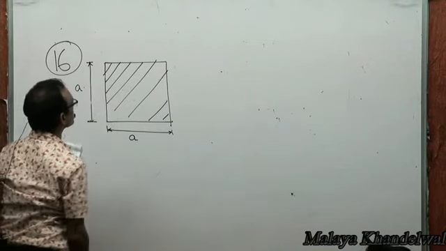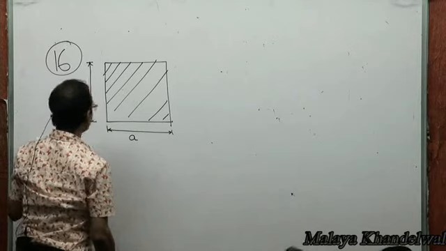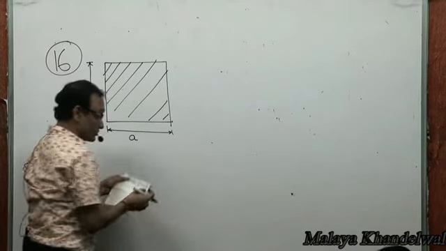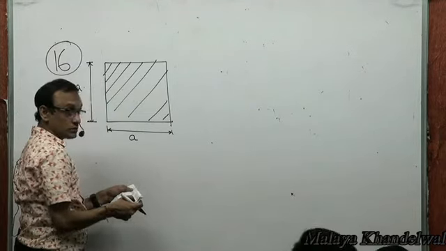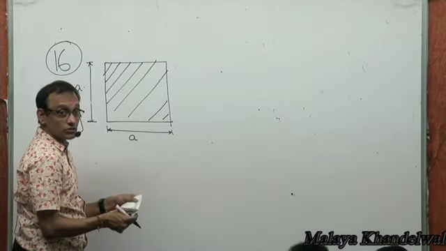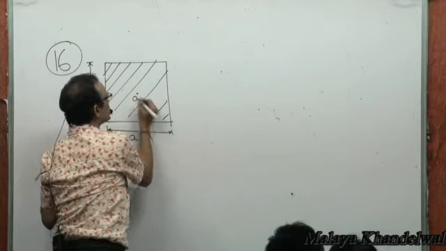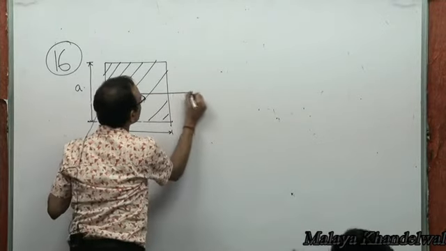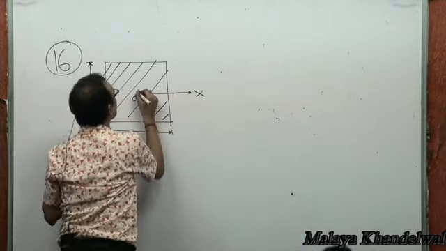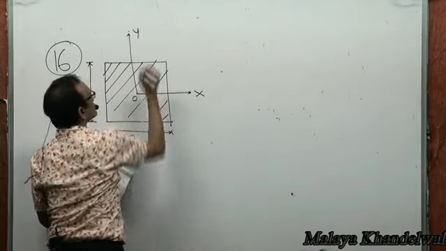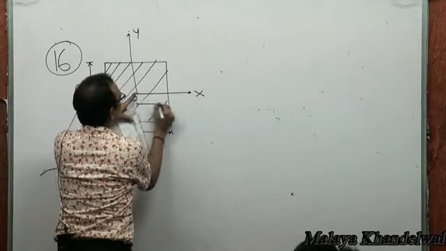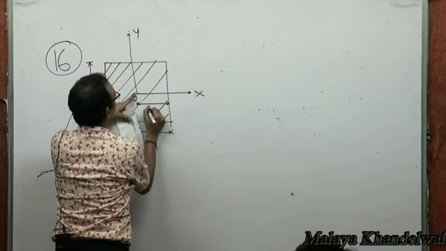And from this square, a semicircular lamina is cut off. And the center of this is referred to as the origin, right? This is the x-axis and this is the y-axis. Very clearly, this length is going to be a by 2, right?